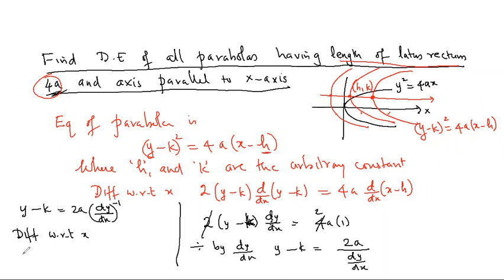So the derivative of y is dy by dx. The derivative of k is 0. The derivative of 2 into dy by dx raised to minus 1 is minus 1 into dy by dx raised to minus 2 into the second derivative of y. Now cross multiply this and bring it to one side, and you get your answer.